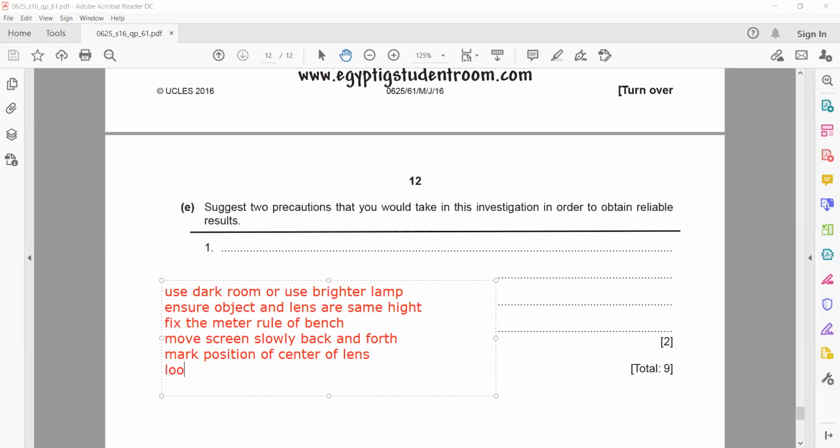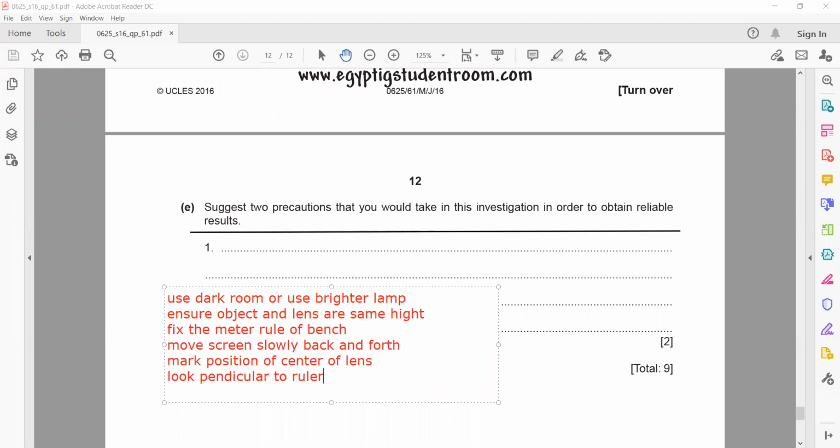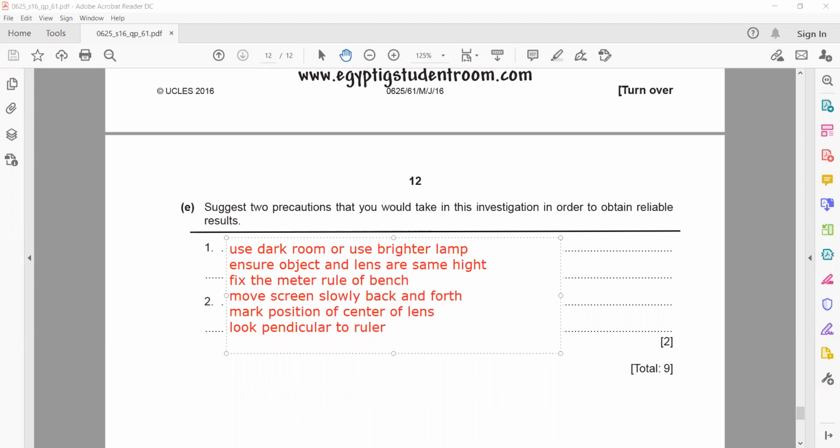And you should look perpendicular to avoid parallax error. Is it clear? These are the precautions related to this investigation. So for the light experiment, these are your precautions.